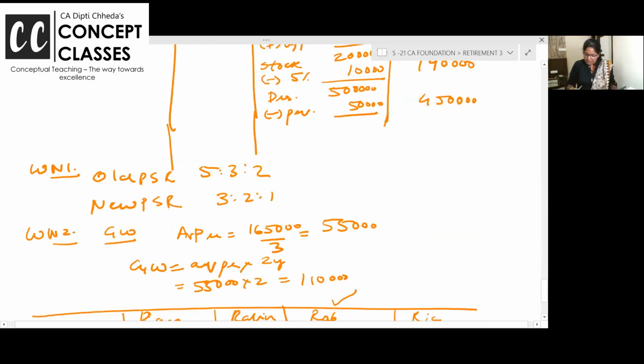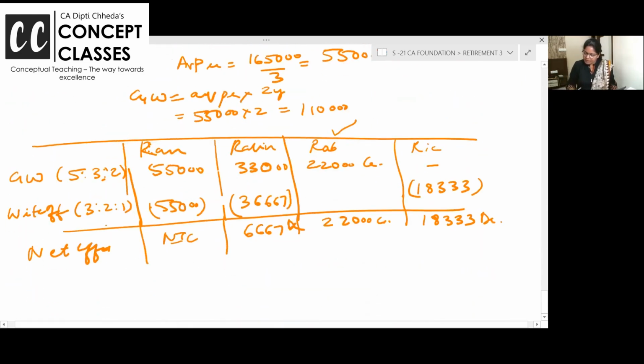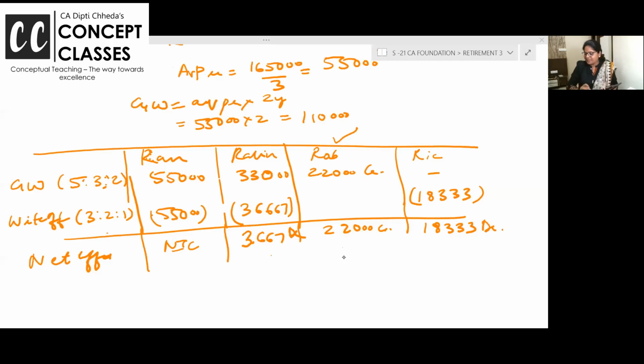22,000 you should give. Is there some calculation mistake? 1 minute. Okay, there's a mistake in the goodwill table calculation. Robot we have credited 22,000. Debit Rahim 33 and 36. It's coming 3,667.